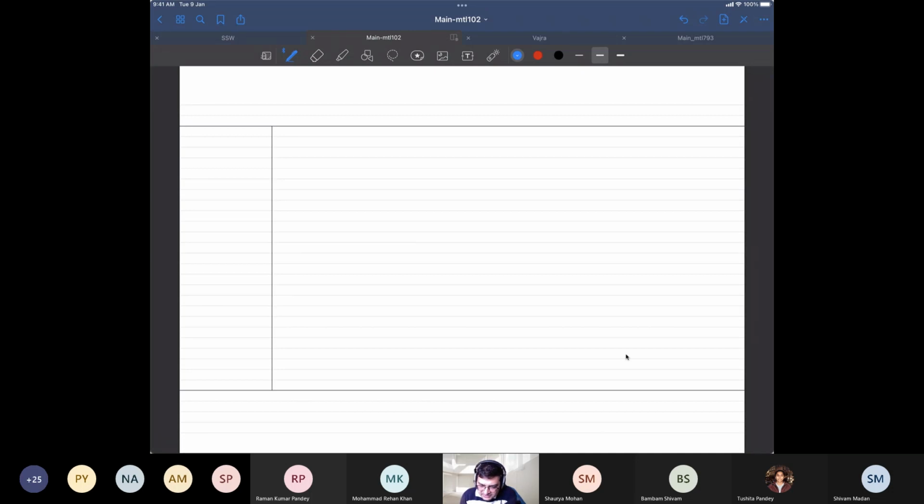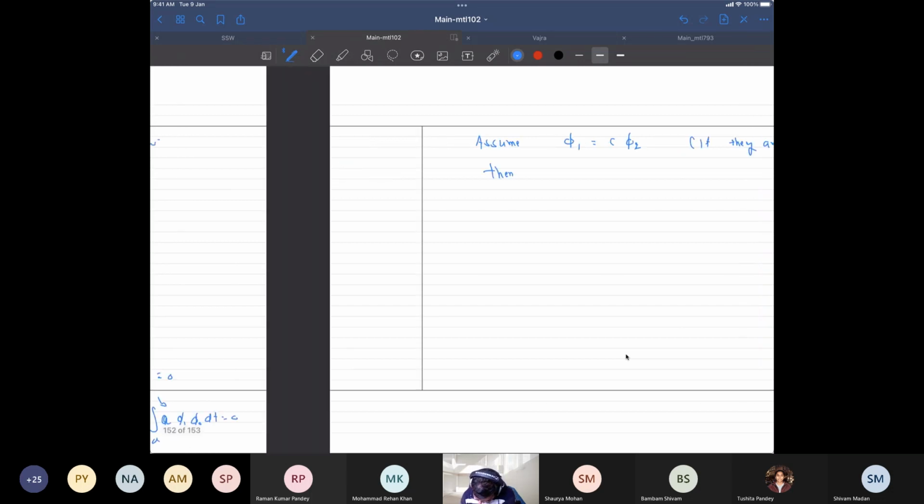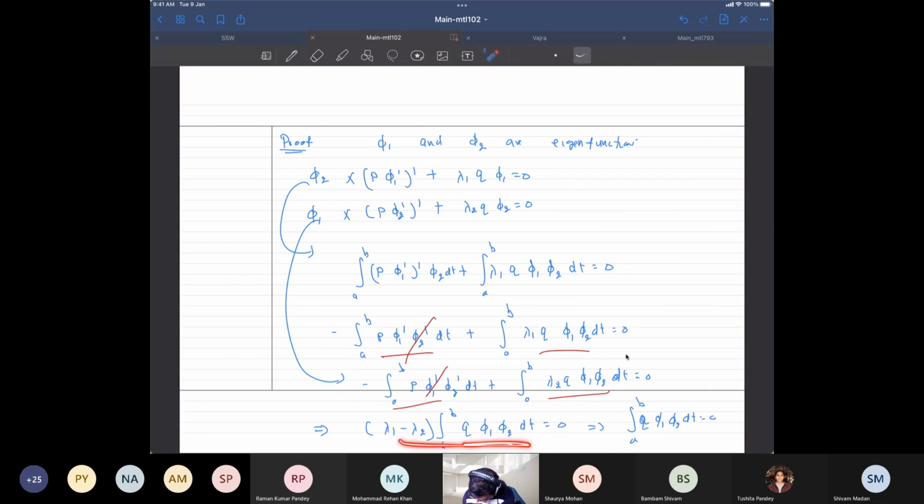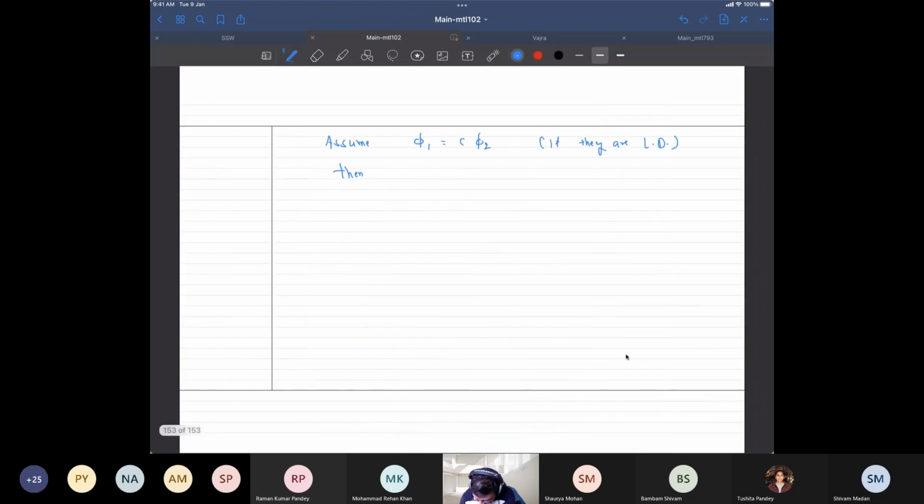Now their linear independence is trivial. We assume phi1 is equal to a constant multiple of phi2 if they are linearly dependent. Then this integral becomes c q phi1 square dt is equal to 0.